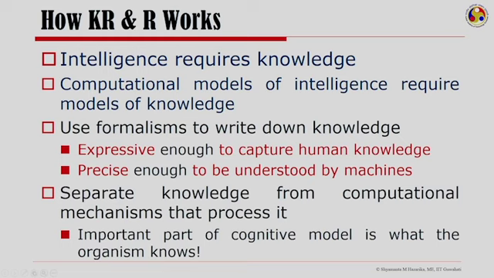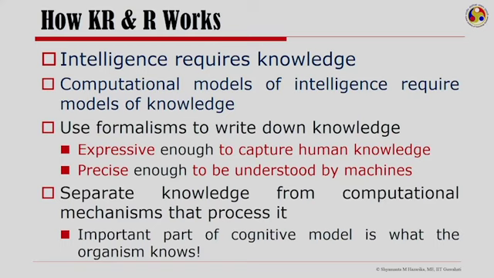Separating knowledge from the computational mechanisms that process it is very, very important. We need to understand that the knowledge and the computational mechanisms that process it need to be separated, and that is why I emphasized in the beginning that knowledge representation is not about having a data structure.